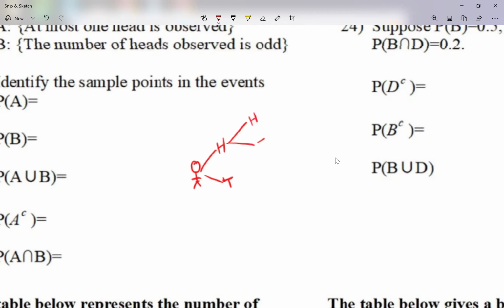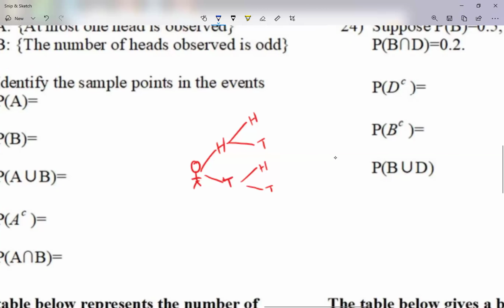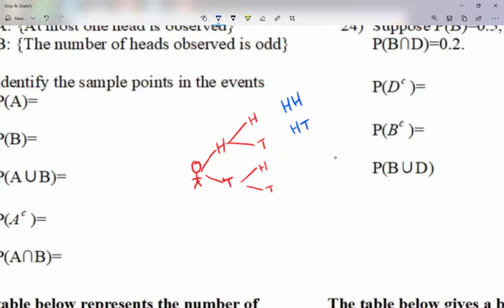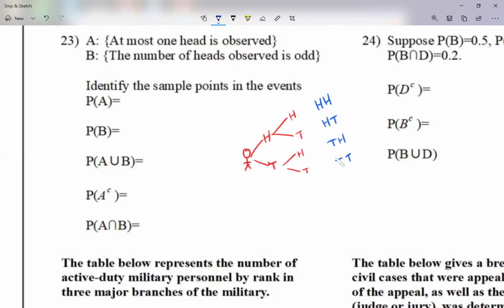So I get heads or tails, then the same thing here, heads or tails. So my possible outcomes are head-head, head-tails, tails-head, and tails-tails. Those are the possible outcomes. So here, there's 4 possible outcomes, right?